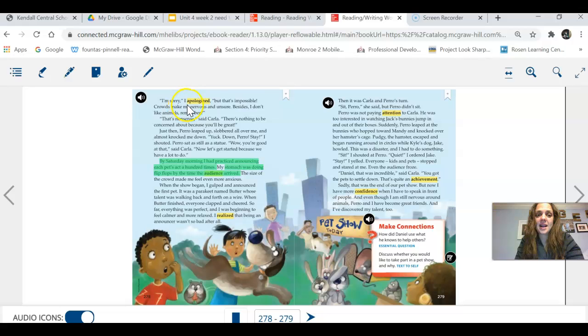I'm sorry, I apologized. But that's impossible! Crowds make me nervous and unsure. Besides, I don't like animals, remember? That's nonsense, said Carla. There's nothing to be concerned about because you'll do great. You'll be great. Just then, Paddle leaped up, slobbered all over me, and almost knocked me down. Yuck! Down, Paddle! Stay!